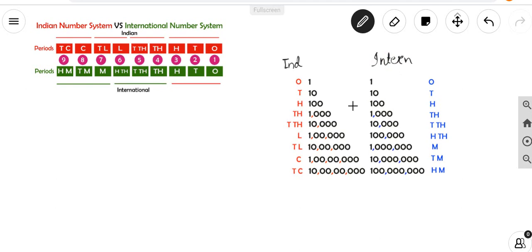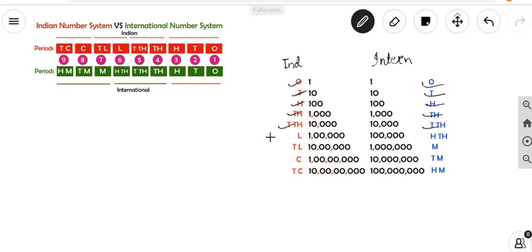The ones place equals the ones place of the international number system. Tens place equals tens place of the international number system. 100 place equals 100 place of the international system. 1000 equals 1000. 10,000 equals 10,000.